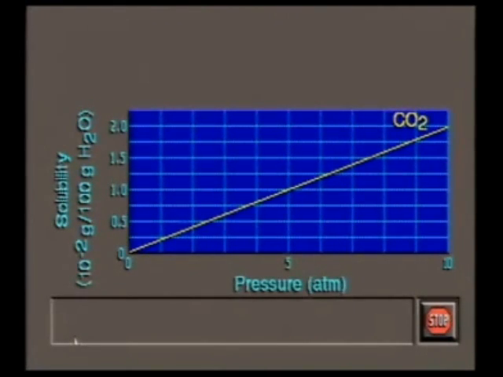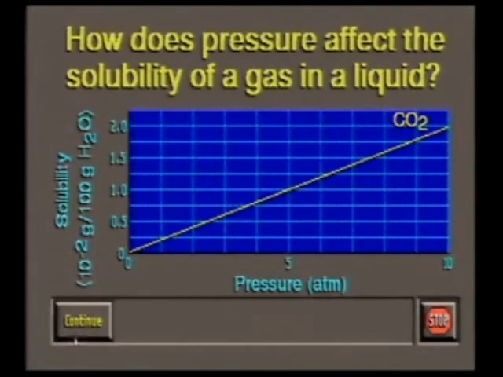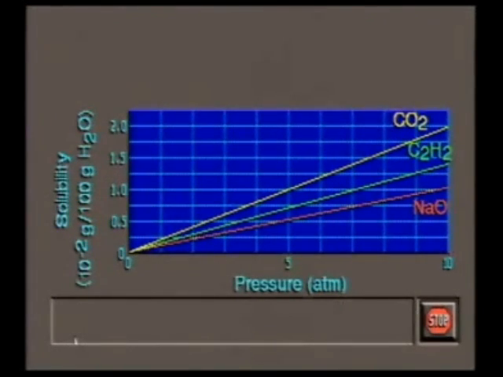What can you conclude about the effect of pressure on solubility of a gas in a liquid? Solubility of a gas in a liquid generally increases with pressure.